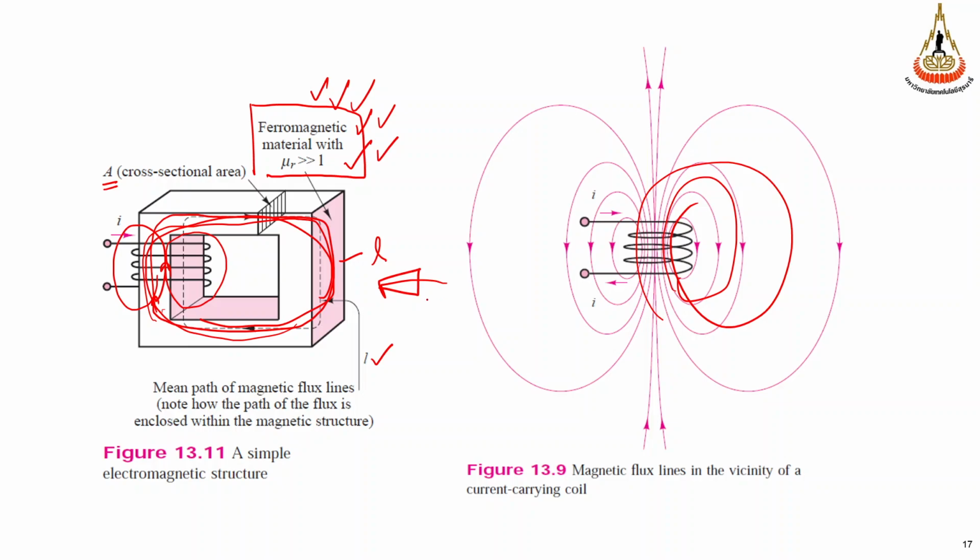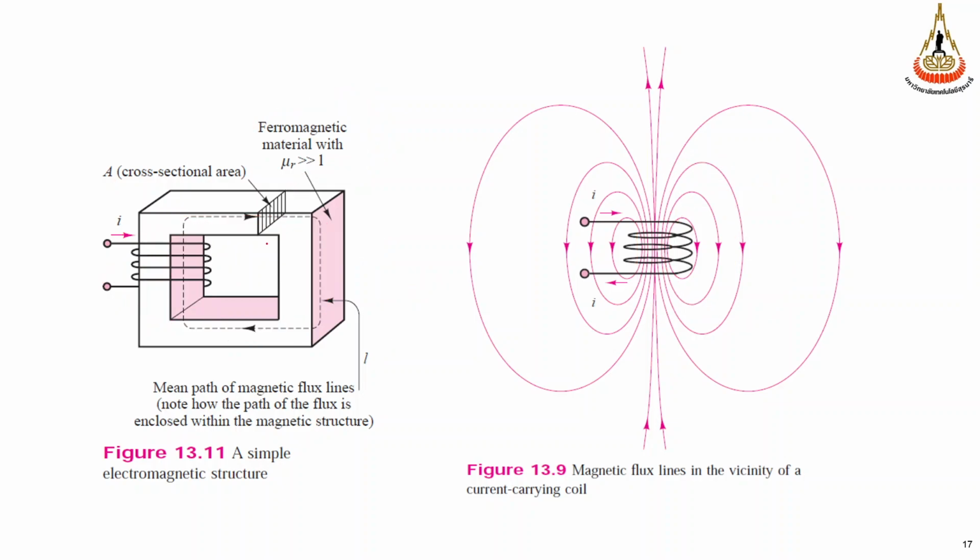This enclosed part of the magnetic field, so no flow here. In fact, in practice there would be some leakage flux. Most of the flux will flow in the material, with some small leakage. This is the loss.